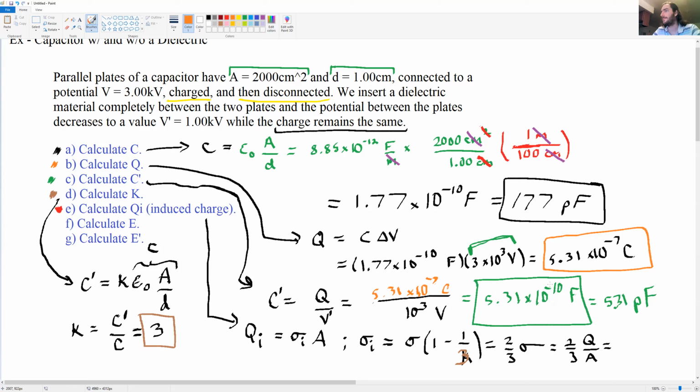That's in orange. 5.31 times 10 to the minus 7. And then the area is something that was given to us all the way up at the beginning of the problem statement. Let's not forget the factor of 2/3 here either.